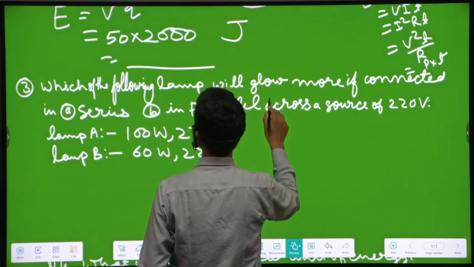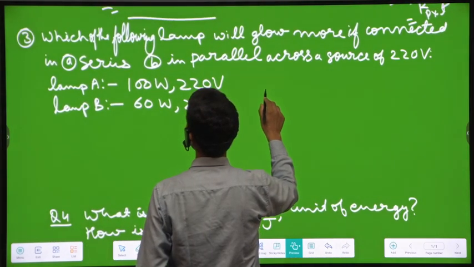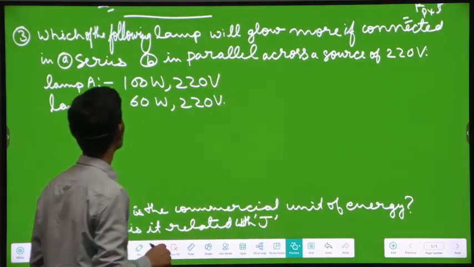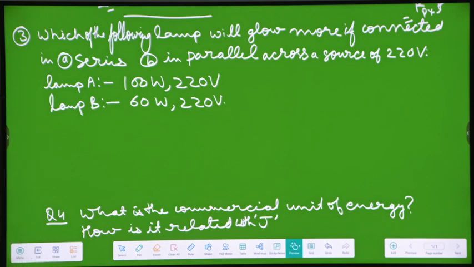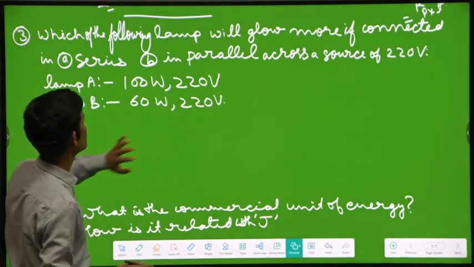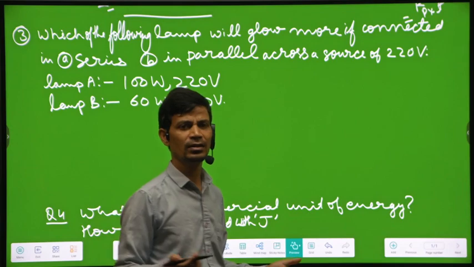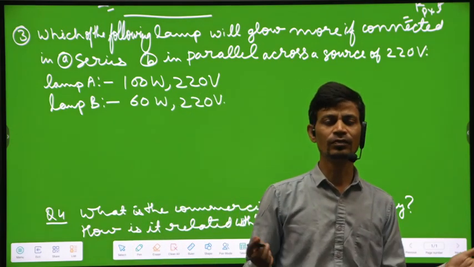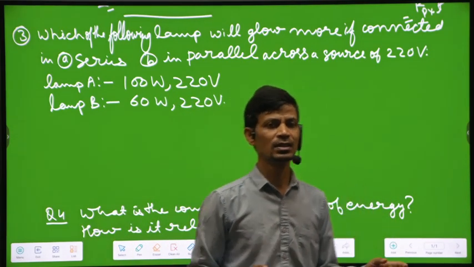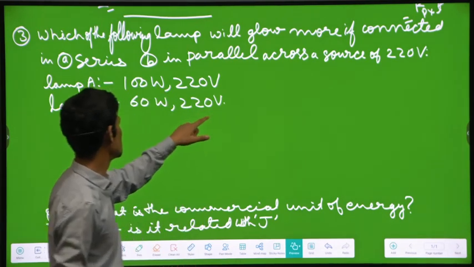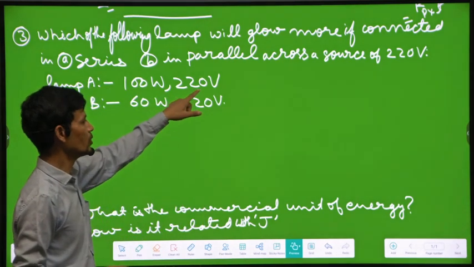Then comes this type of problem. Which of the following lamps will glow more if connected in series or in parallel across a source of 220 volt? For lamp A, these are the specifications. Lamp B, these are the specifications. This is in our practical, in our daily life also. If you see any appliances, its power rating has been given in this way: watt and then volt.